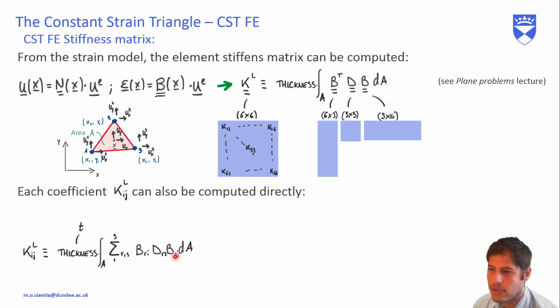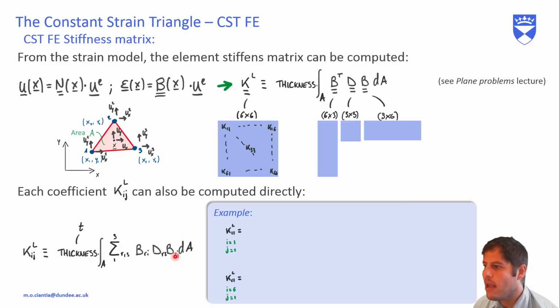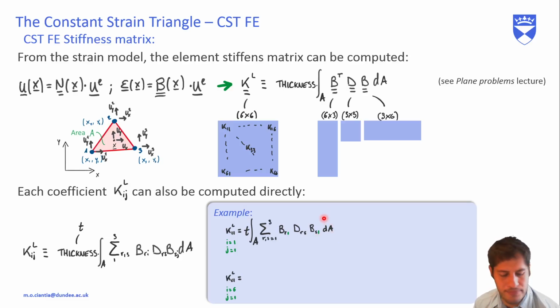Let's do an example to understand what this means. Let's calculate K_11. So i is equal to 1, j is equal to 1 to have K_11. This means that we have to do the thickness t times the integral over the area of the sum, with r, s going from 1 to 3, of B_r1 D_rs B_s1 dA.